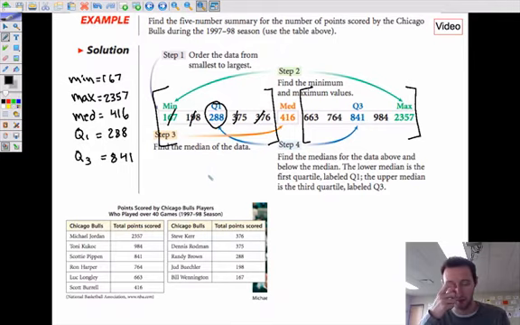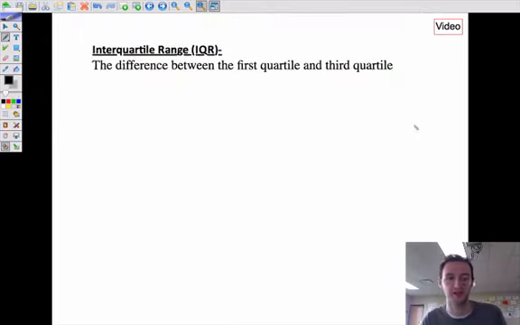Just to review: step 1, order all the data from least to greatest. You can find the minimum and maximum really easily. You can find the median by crossing off until you get to the middle. Then Q1 and Q3 are the medians of the lower half and the upper half. There's also a thing called the interquartile range, and that's just the difference between the first quartile and the third quartile.